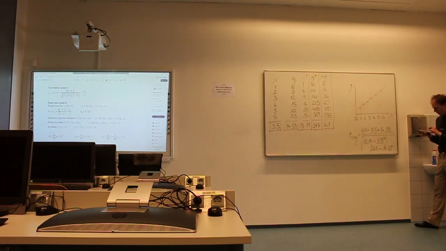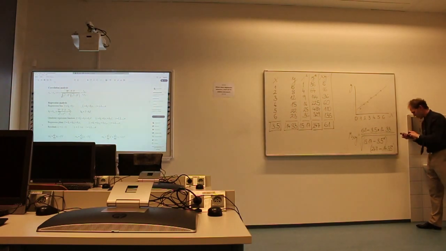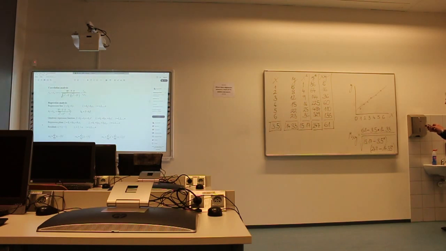Square root from this value, and the numerator 61 minus 3.5 times 14.73, divided by this value.